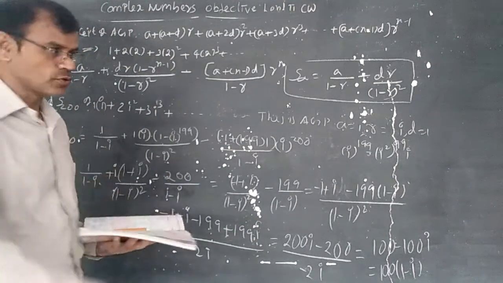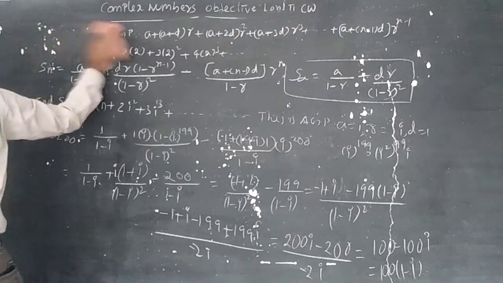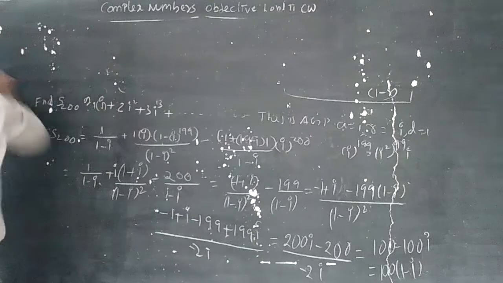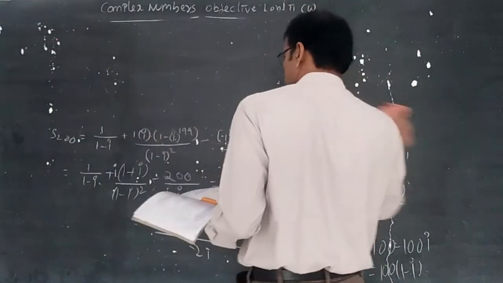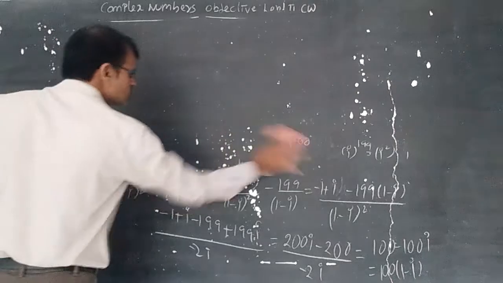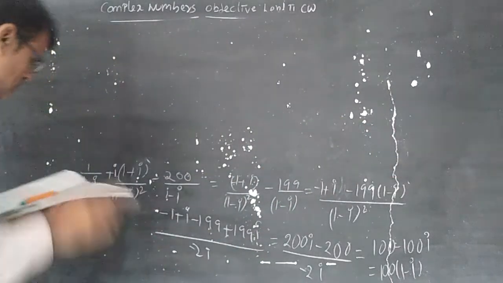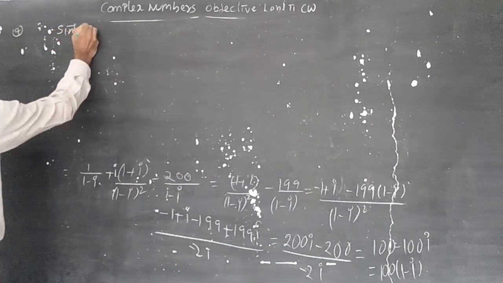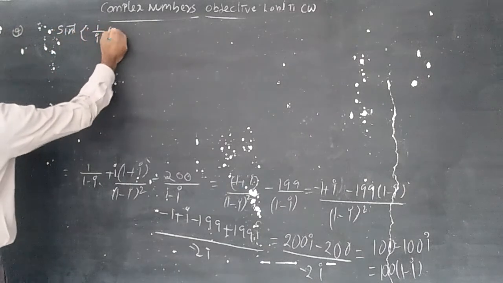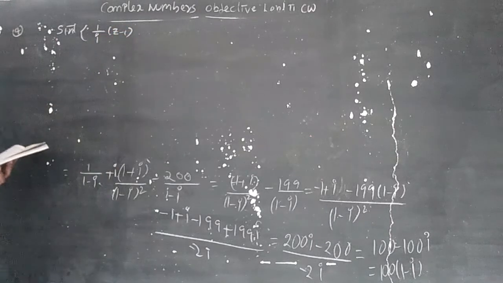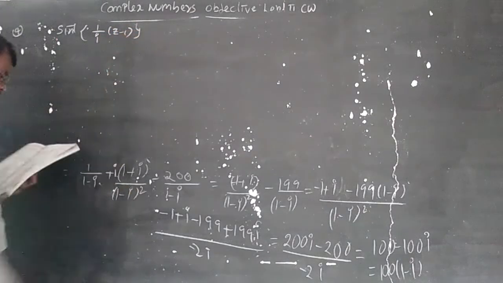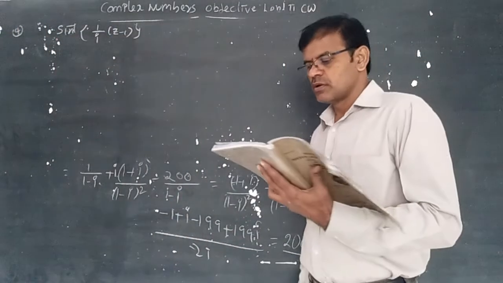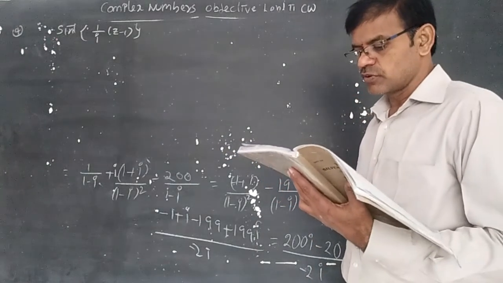Now let us discuss the fourth question. Sine inverse of 1 by i into z minus 1, where z is non-real, can be the angle of a triangle.